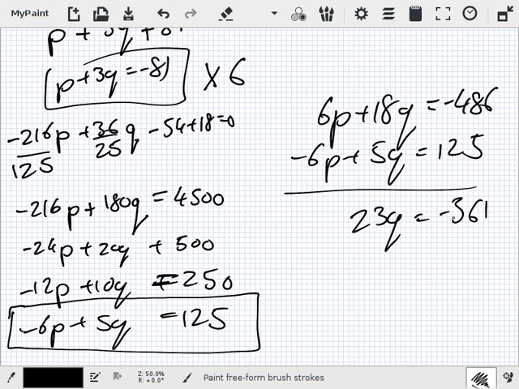You have to add them because it's minus. Then 361 divided by 23, you get negative 15.6. It's a decimal. So did we do something wrong again?